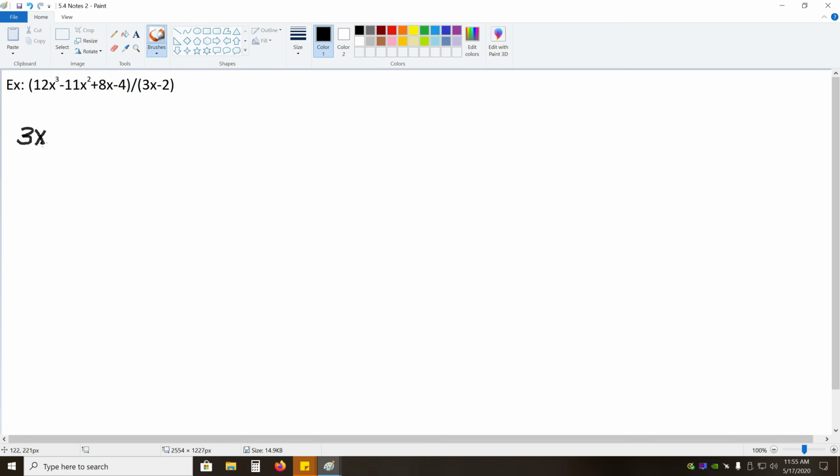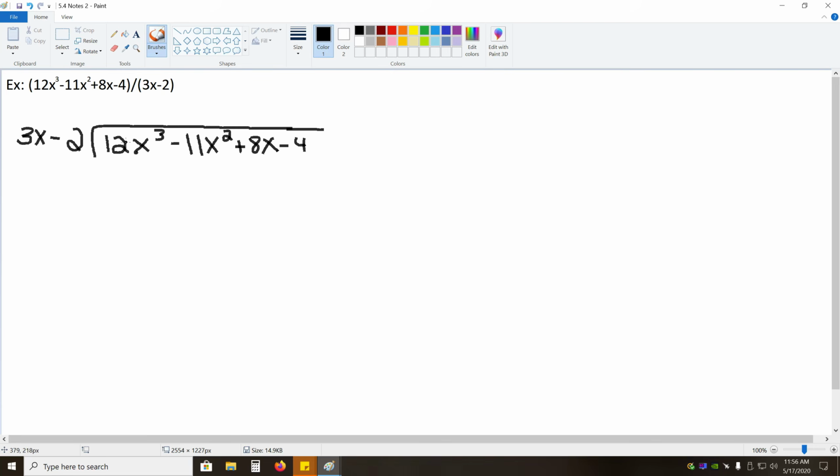We have 3x minus 2. We're checking how much it goes into 12x cubed minus 11x squared plus 8x minus 4.